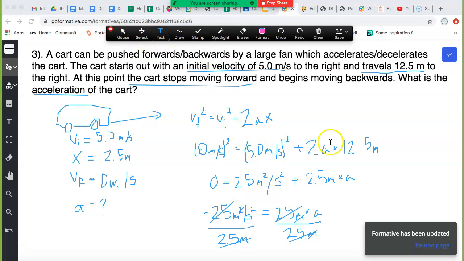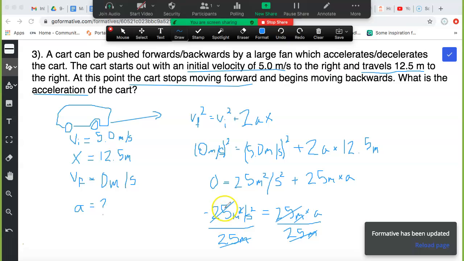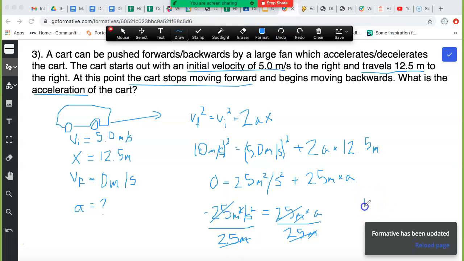We're left with our acceleration equaling 25 meters per second squared. Oh gosh, no, not 25, sorry, that is very wrong. It's going to equal 1, because 25 divided by 25 is 1, so 1 meter per second squared. More specifically, negative 1 meters per second squared.